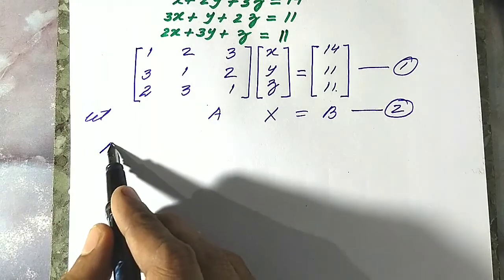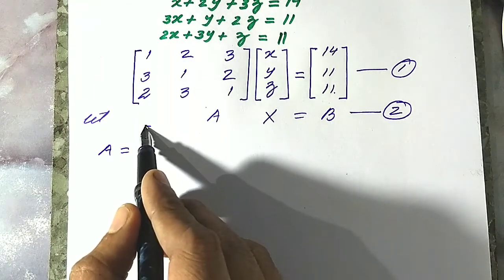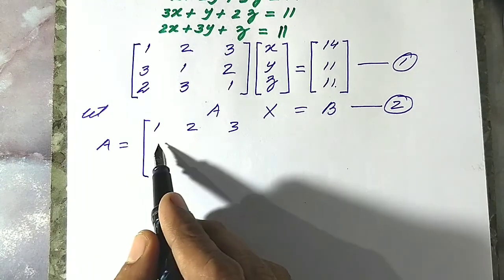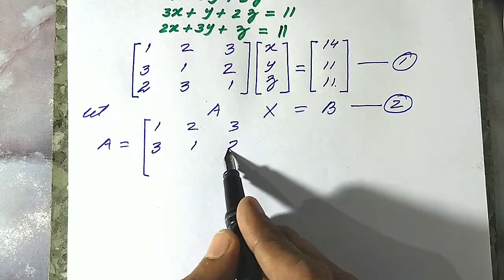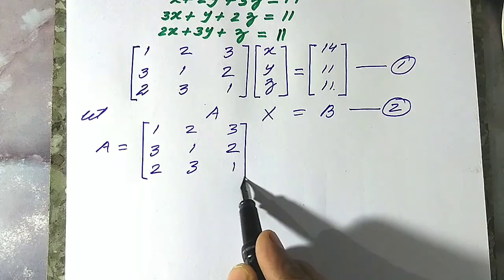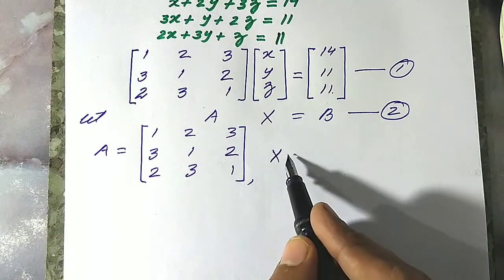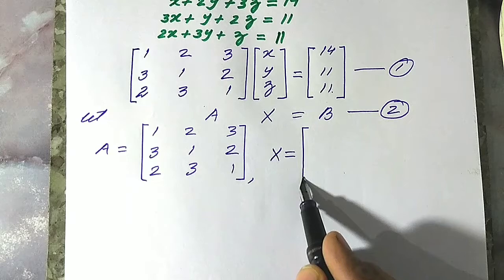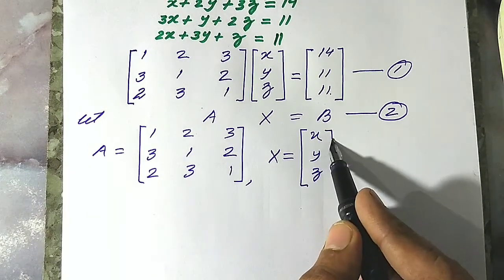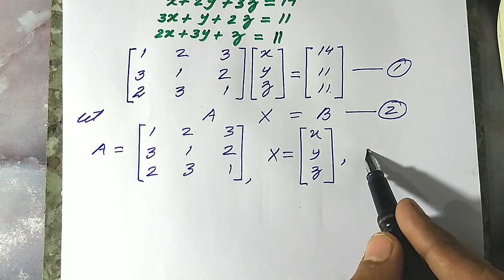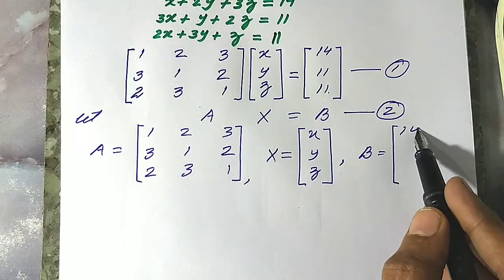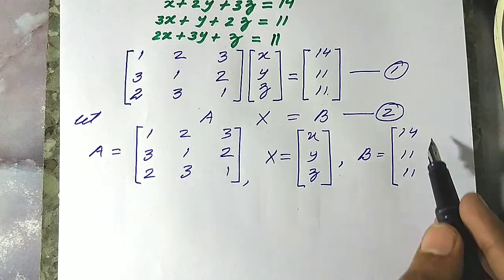So now we have matrix A as the matrix 1, 2, 3, 3, 1, 2, 2, 3, 1, and X matrix as the column matrix of x, y, z, and B matrix as the column matrix of constant terms 14, 11, 11.